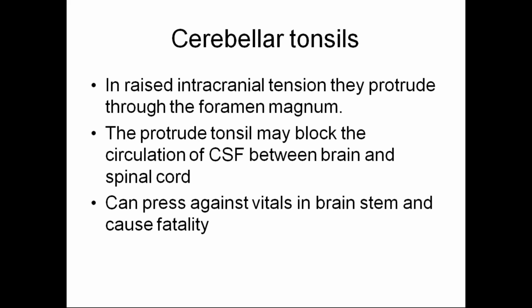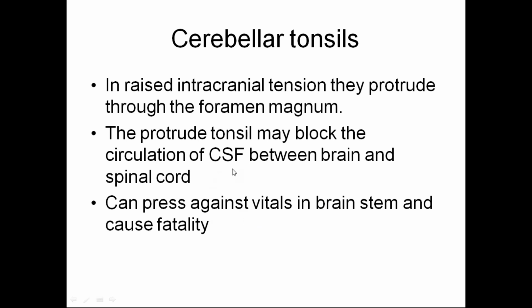It will increase the tension, increase the CSF in the cranial cavity, and cause a condition which is called hydrocephalus. Sometimes if it herniates outside, it presses against the vitals which are present in the brainstem and causes mortality. It can be fatal.